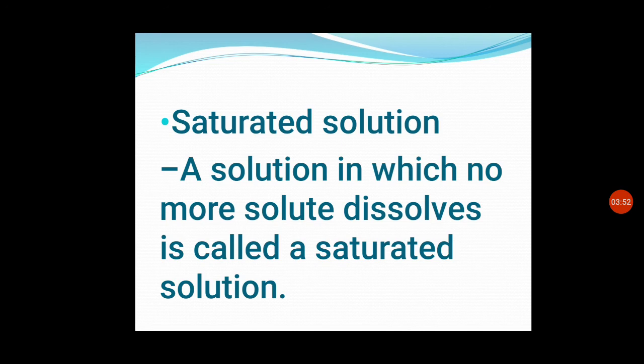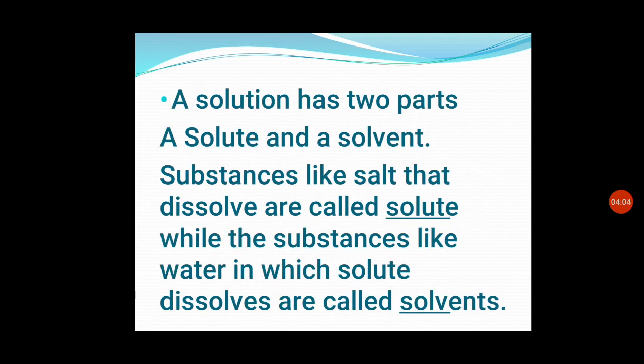Now, saturated solution. We can define that a solution in which no more solute dissolves is called a saturated solution. A solution has 2 parts, a solute and a solvent. Always remember these terms.